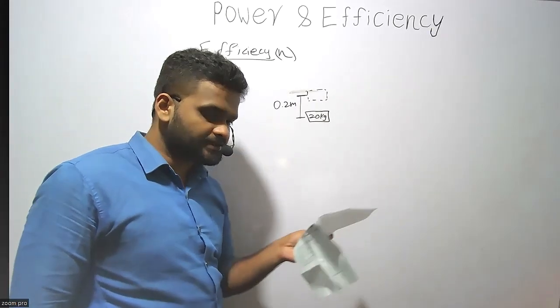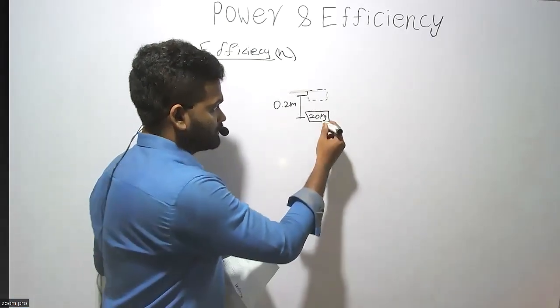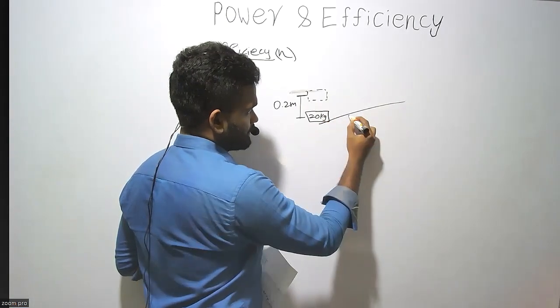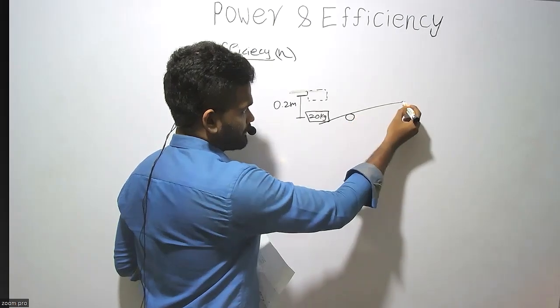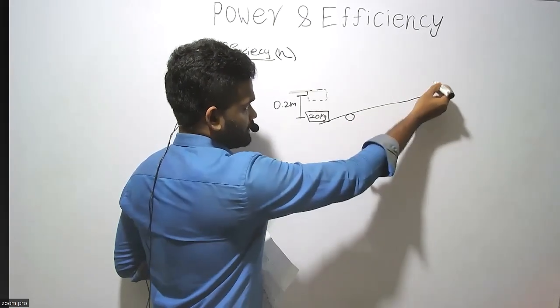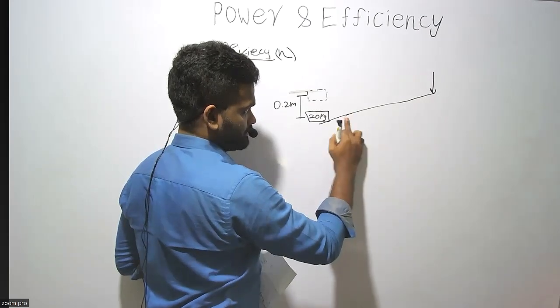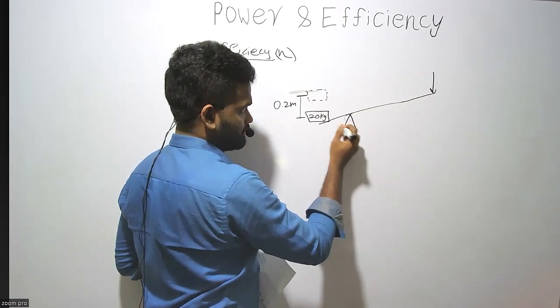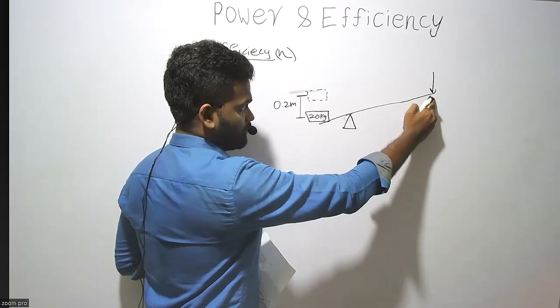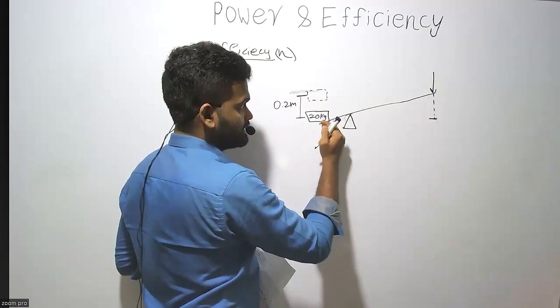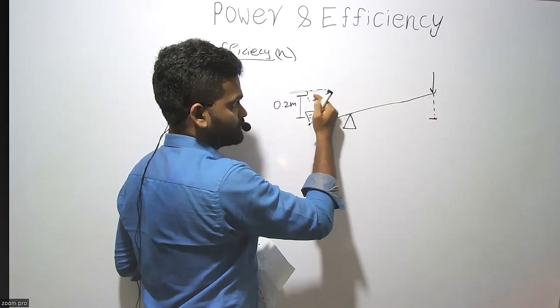It can be like a seesaw, right? So we'll think about a simple lever. Let's say this is the lever. The man is applying a force from this side. When the man lowers this, this end goes up 0.2.